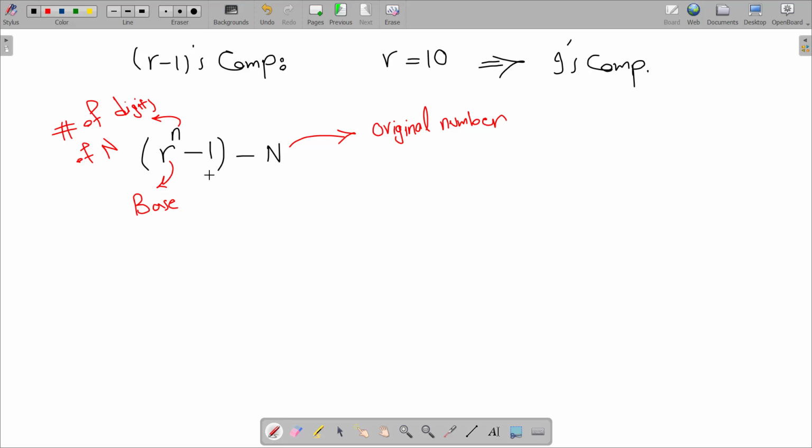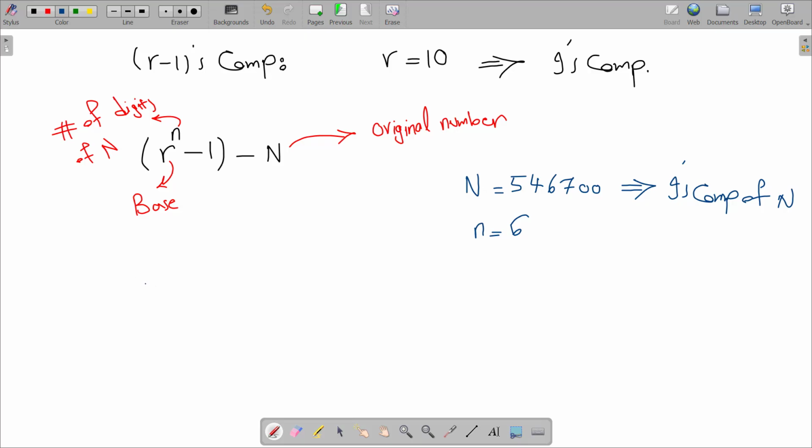As an example, suppose that n is equal to this one. Now I want to find the 9's complement of this n. How can I do that? What is the lowercase n? 1, 2, 3, 4, 5, 6.